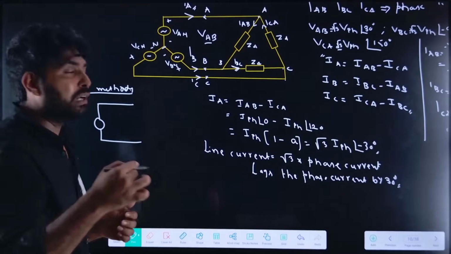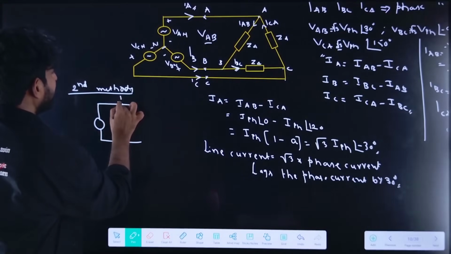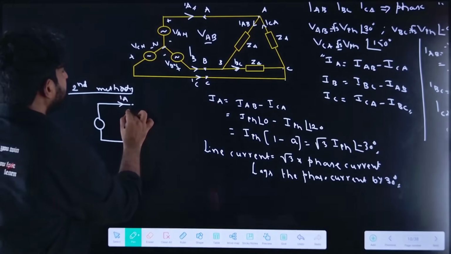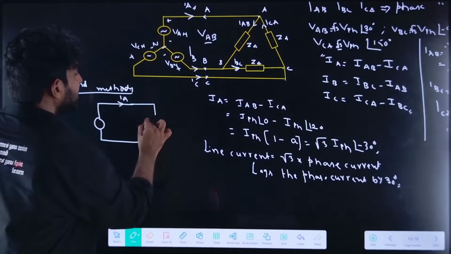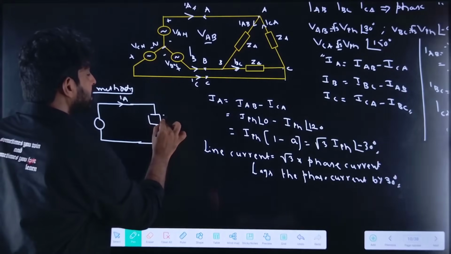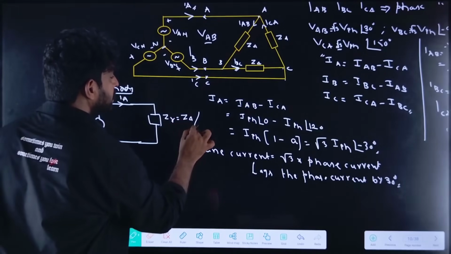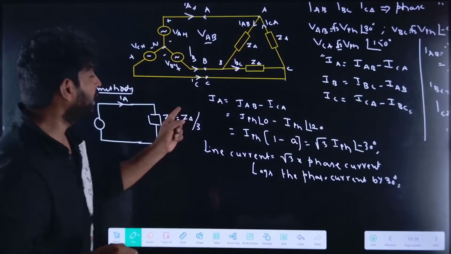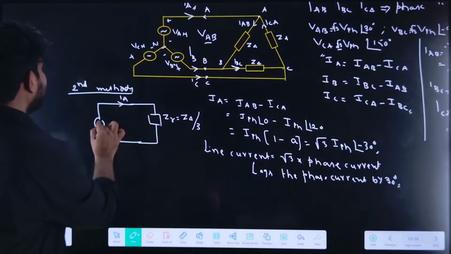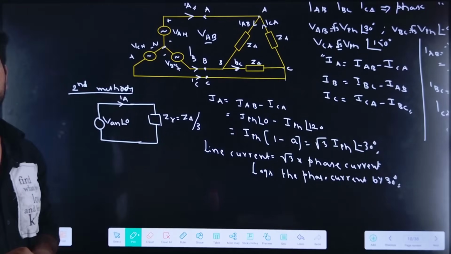So the line current can be determined like this. IA is the line current. Z star equivalent equals Z delta by 3. Whatever the Z delta is, I need to take Z delta by 3, with VAN at an angle 0.